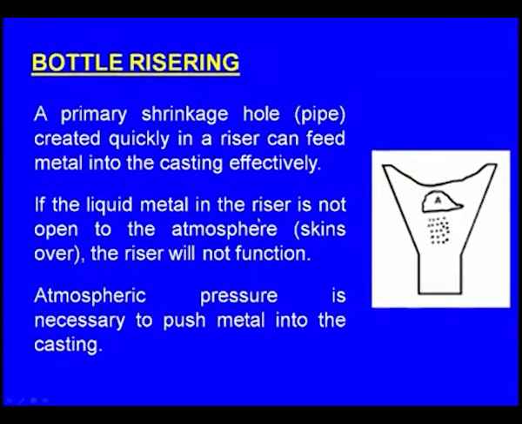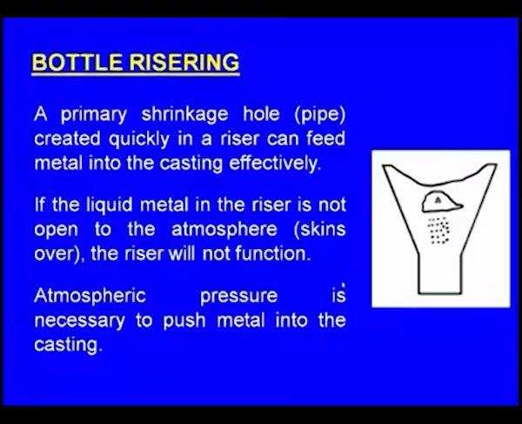Because of that, the molten metal which is present in the riser will be pushed inside because of the atmospheric pressure. If the liquid metal in the riser is not open to the atmosphere, then the riser will not function. So, because of the atmospheric pressure, once a pipe is created on both the sides around the surface, the molten metal will be pushed inside the cavity. Atmospheric pressure is necessary to push the metal into the casting.